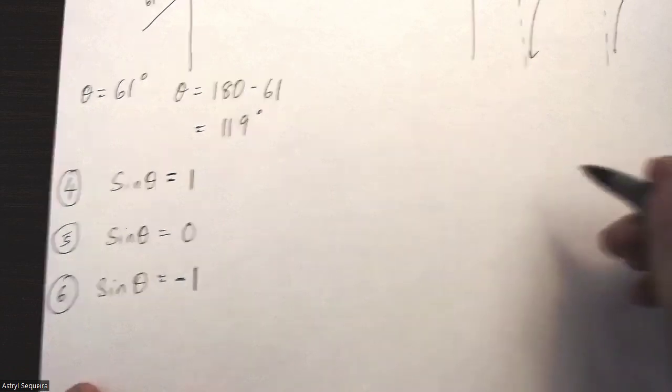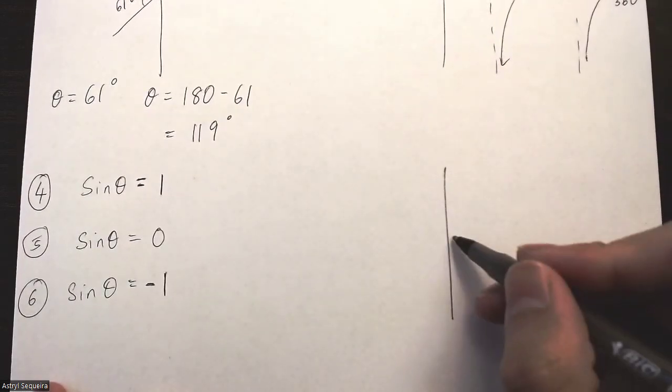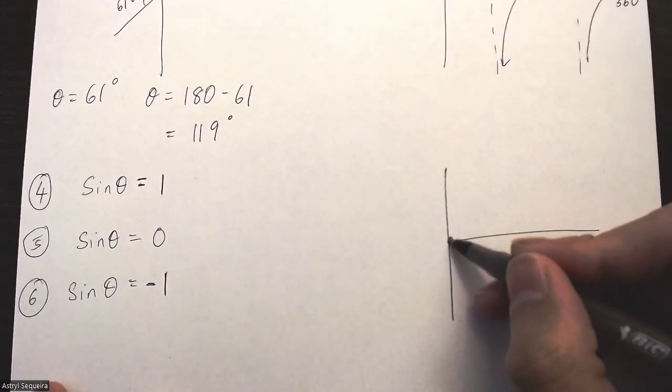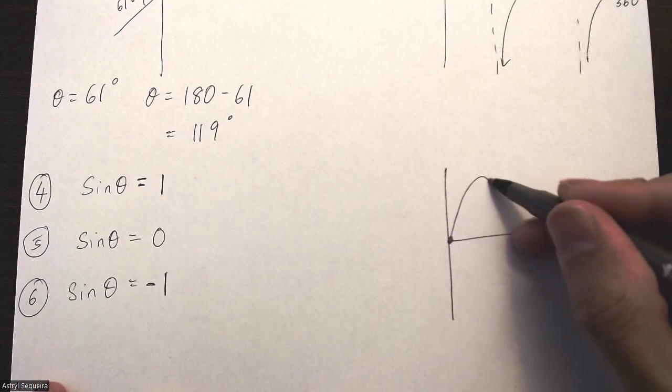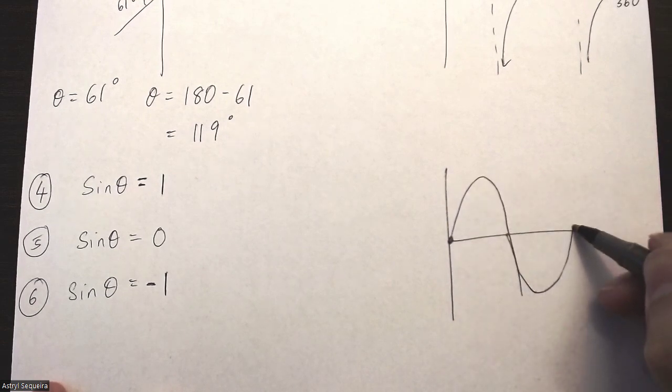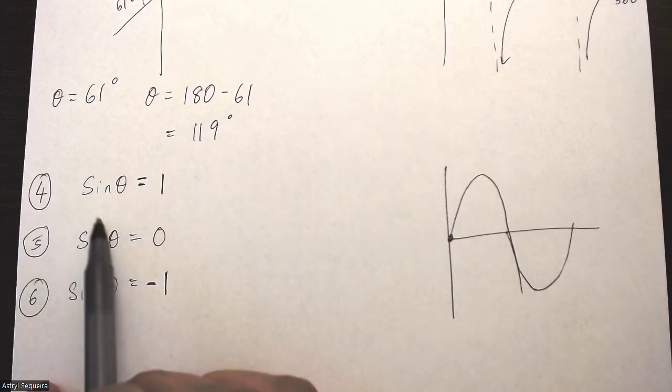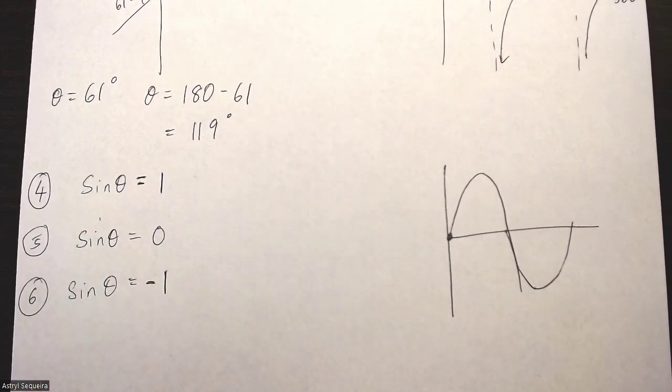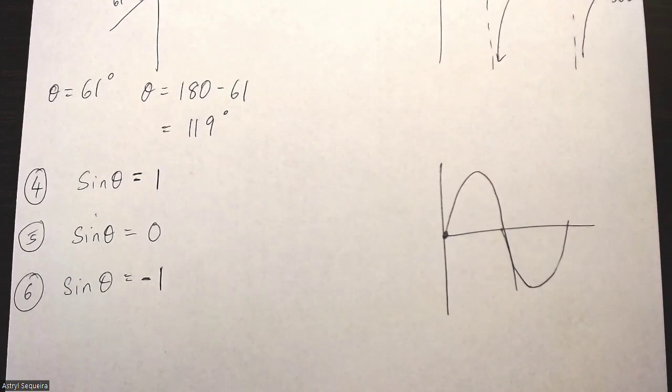For sine, I drew this graph a bit earlier, but I'm going to draw it again. Sine graph looks like this. Whenever you have a sine, cos, or tan ratio between 0 and 360, we've always had two solutions, right?